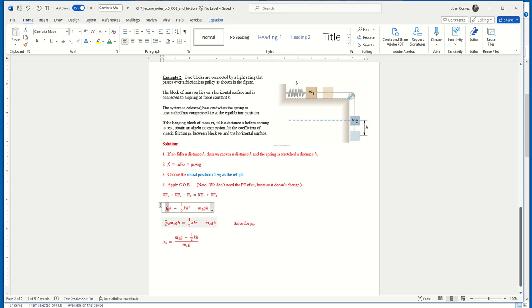Fk is mu k M1g. And I still have the negative and the h. Solve that for mu k, and you get mu k is equal to M2g minus 1/2 kh all over M1g. Very basic algebra, but you want to understand these three steps right there.